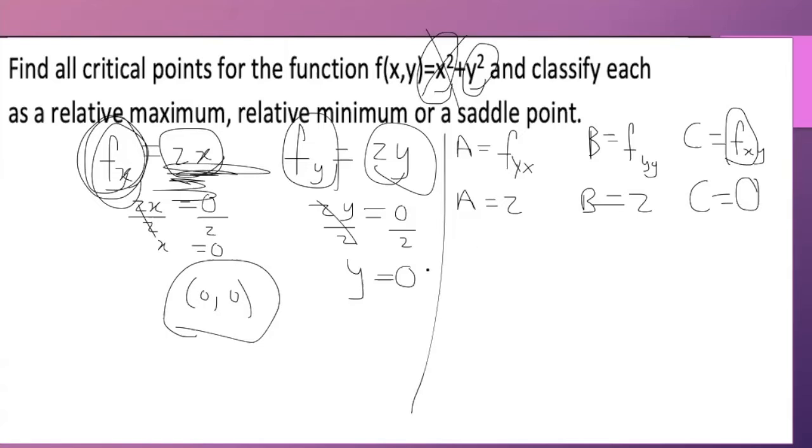So now to test what is happening, I will substitute in AB minus C squared. A is 2, B is 2, and C is 0. So 2 times 2 is 4, minus 0, so that gives me 4. That tells me that this is greater than 0.